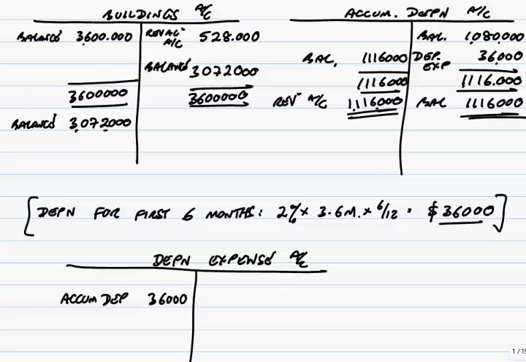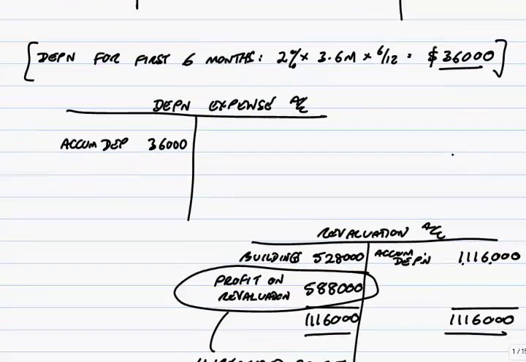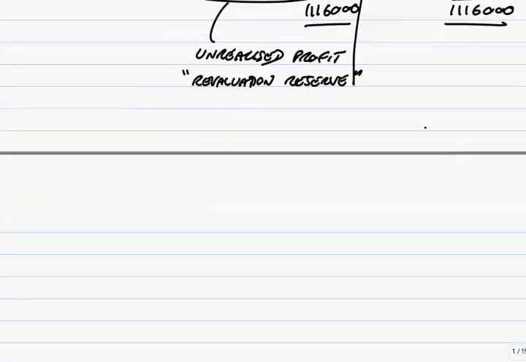If you have revalued, we carry on depreciating, but on the revalued amount. And so, our revalued amount is 3.072. We need to calculate the depreciation expense for the second 6 months.